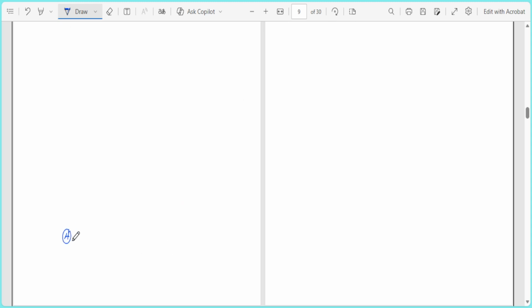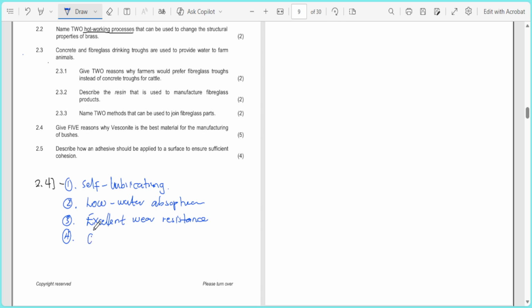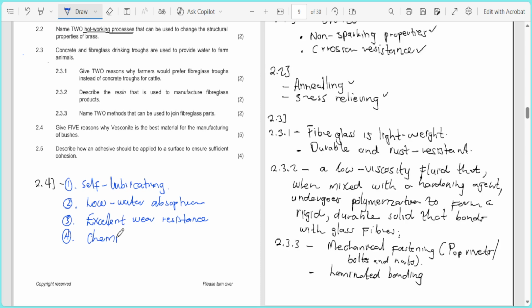For the fourth one, we have chemical inertness. This simply means that it doesn't easily react with other chemicals.